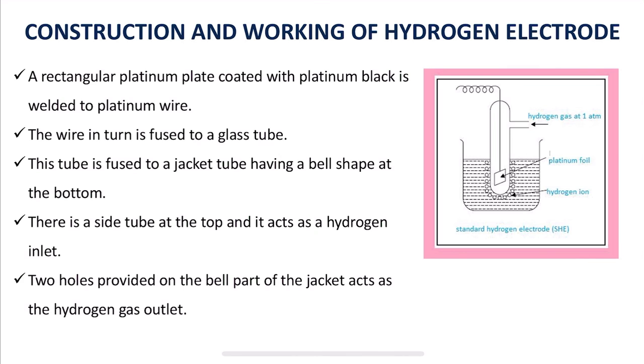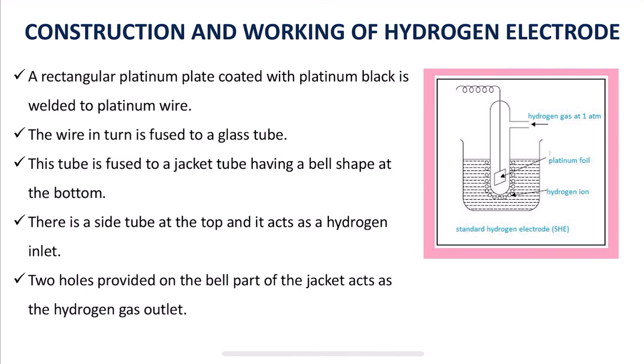When the liquid level falls further, gas escapes and the pressure falls. The liquid level rises. Now the adsorbed film of hydrogen is in contact with the hydrogen ions of the solution. Hence, at this stage we can observe an equilibrium. The equilibrium is established and the potential developed at equilibrium is picked up by platinum.